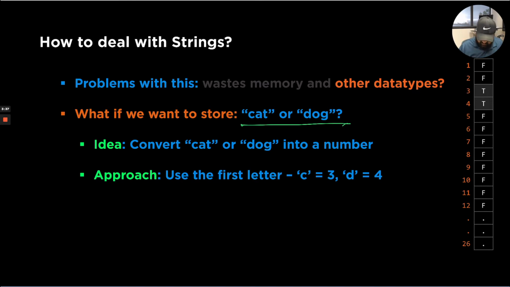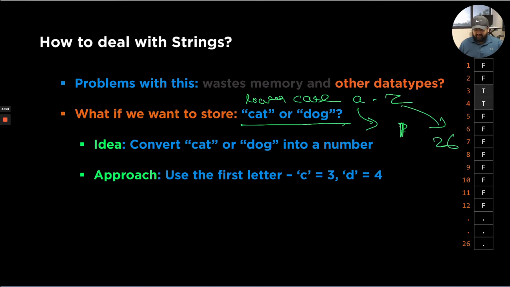So as we use this approach, let's say we just had lowercase letters in our data, A to Z. We can represent A with 1 and Z with 26, and we can store these values into the hash table, which is cat and dog.